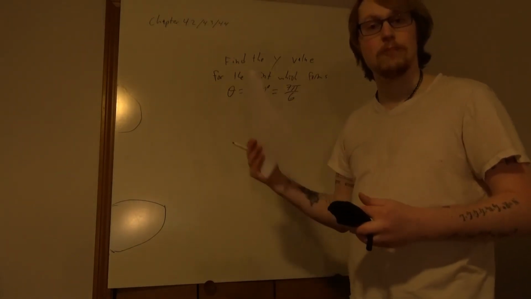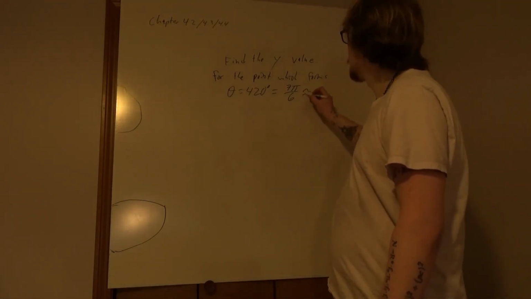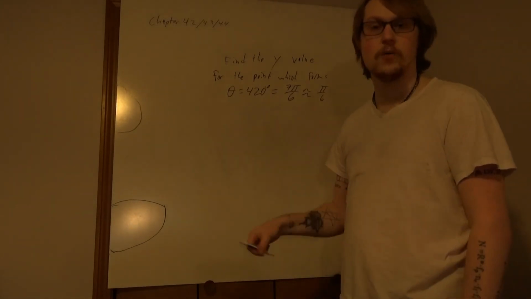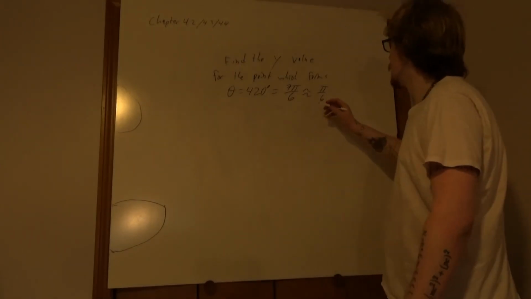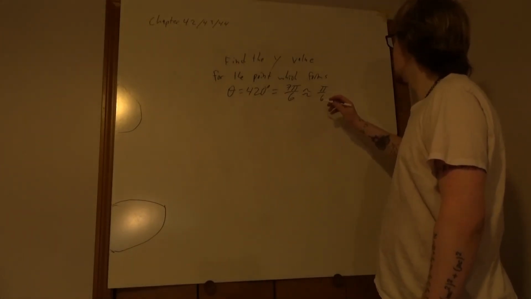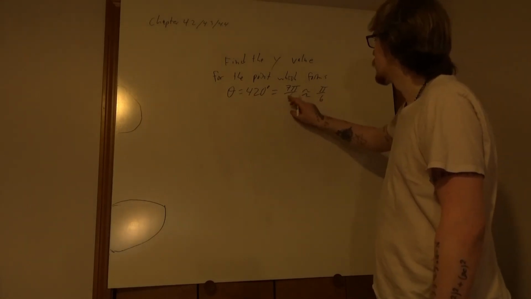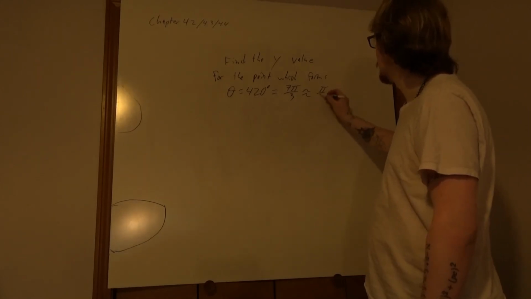However, we know that that's more than 2 pi, and so this is going to be sort of equivalent to just pi over 6 when we take away 2 pi from it. Oh, I'm sorry, no. 7 pi over 3, that's what it was.